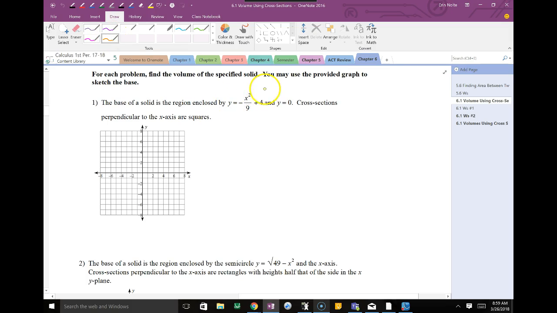If I draw my y equation, negative 1/9 x squared plus 4, what does it look like? It's a parabola, like upside down. It crosses the y-axis at 4. Can you tell me where it crosses the x-axis?